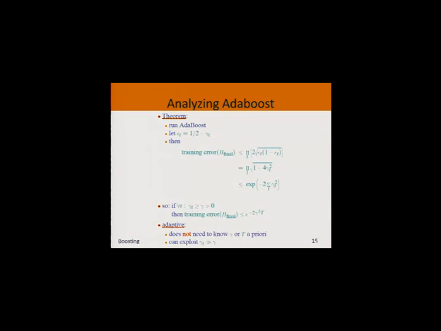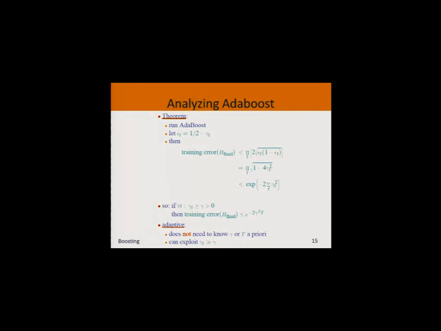Okay, so what do I want to show? I want to show that the following theorem holds. We run AdaBoost. We assume that epsilon t for all t is a half minus gamma t. That's my assumption. My error is bounded away from a half. But the nice thing is this gamma t, I don't need to know ahead of time what gamma is.